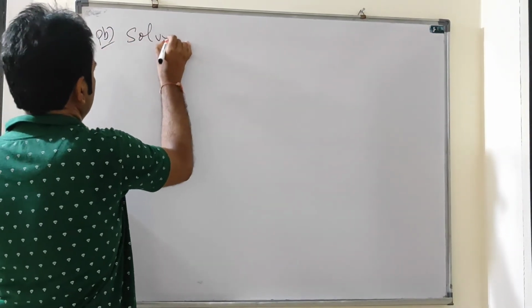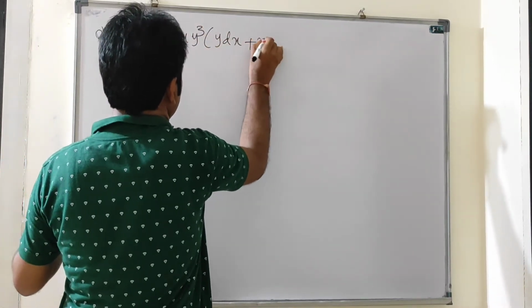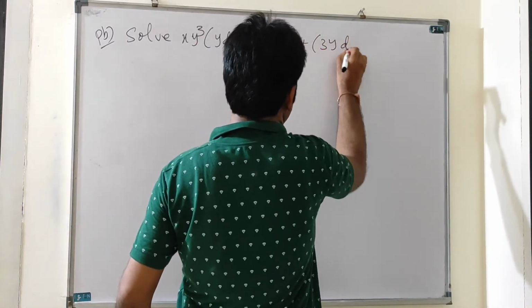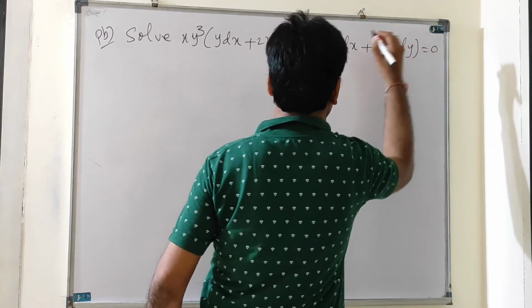Solve xy cube (y dx plus 2x dy) plus (3y dx plus 5x dy) equal to 0.